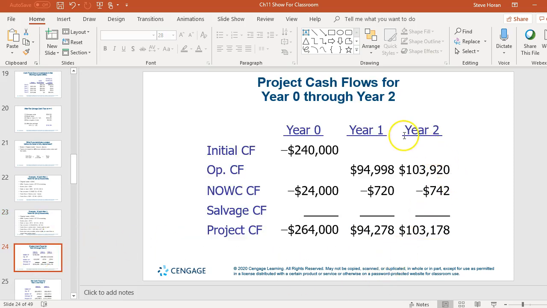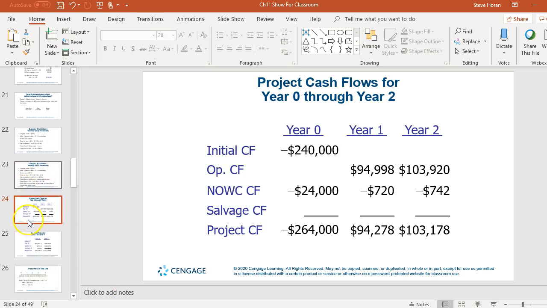Okay, so this shows us then, we'll go back to the original years 1, 2, 3, 4 with the base case scenario. So in year 1, remember, we've got the $240,000 cost to buy the machine. We have a $24,000 net investment in working capital. And that net operating working capital cash flow changes every year. And we've got the positive cash flow in years 1 and 2.